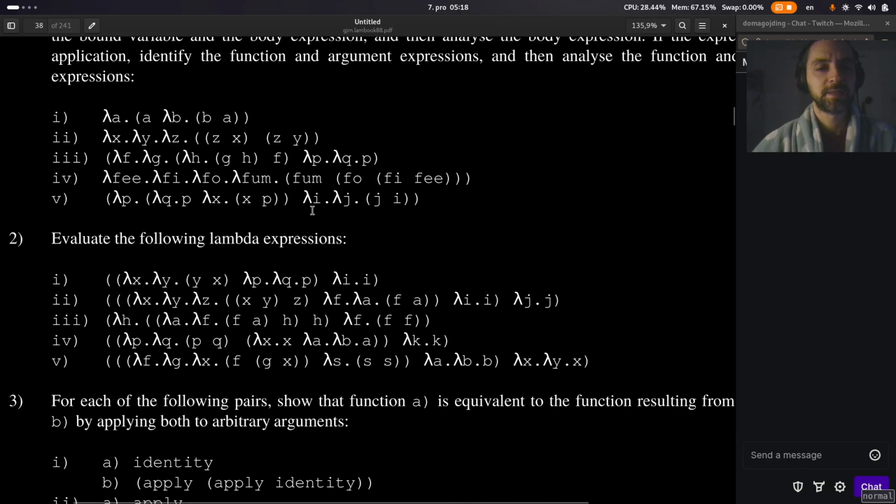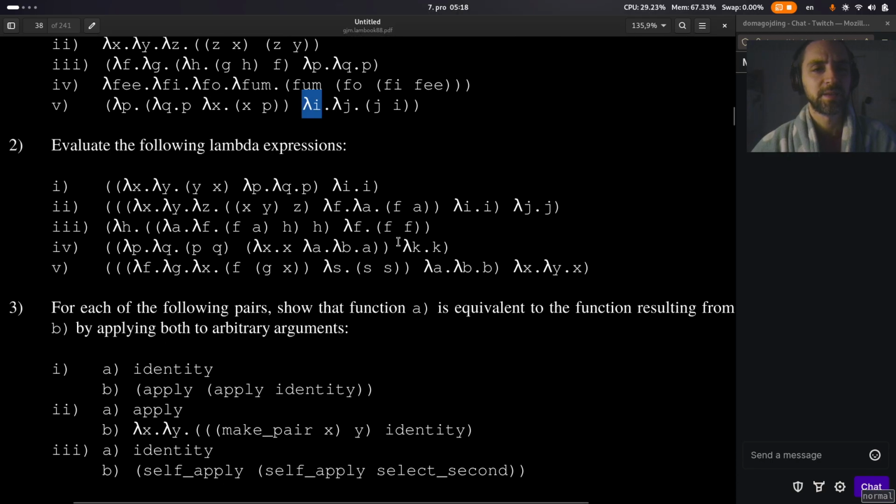Lambda x, lambda I, together with lambda x and lambda q, right, together with this level is the lambda I. Even though we have 2 lambdas here, they're on the same scope because we don't have a dot between them. Otherwise, we'd have a dot. Lambda I, lambda j, and ji, right? That's not hard.